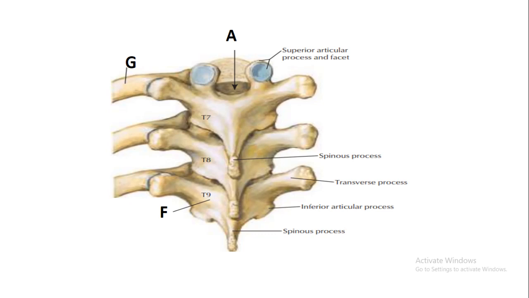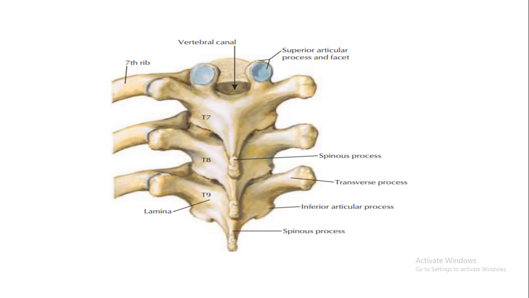Then let's quickly look at F. F is just the lamina. And if you look at G, G is just the seventh rib attaching to T7. Then the last one, which is supposed to be H, is just the vertebral canal.